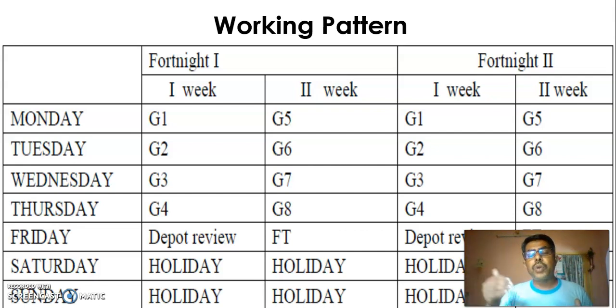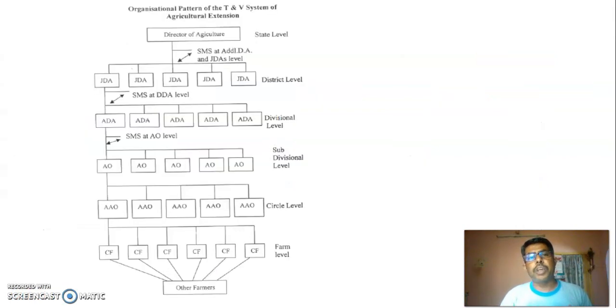That training is not only for the farmers but also for the professionals, to update their knowledge. In the same way, in the second and fourth week, within one month, the 8 villages are completely covered. So every 2 weeks, each village has an opportunity to contact extension workers. This is the working pattern that has been established.